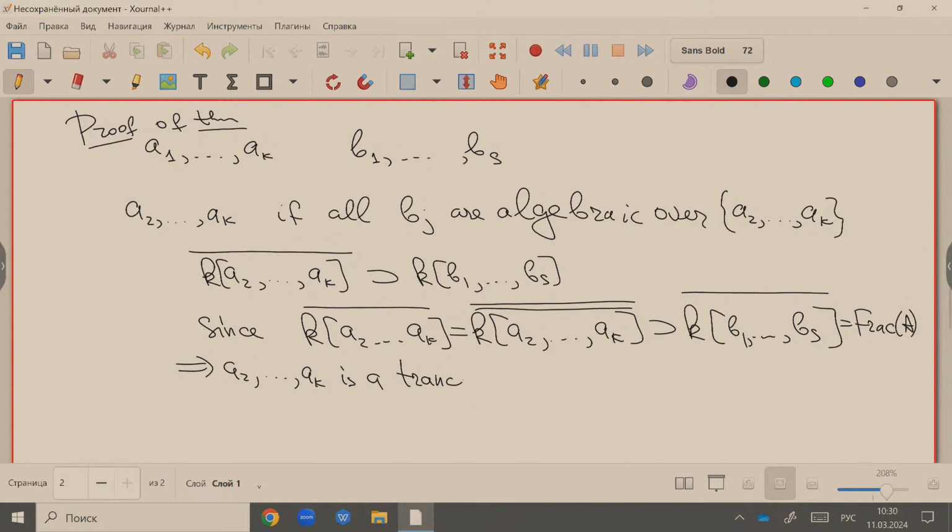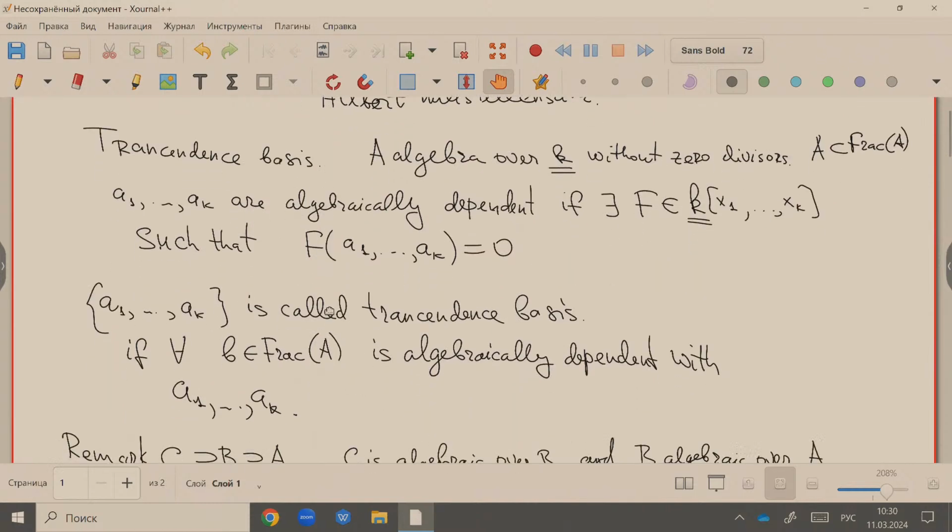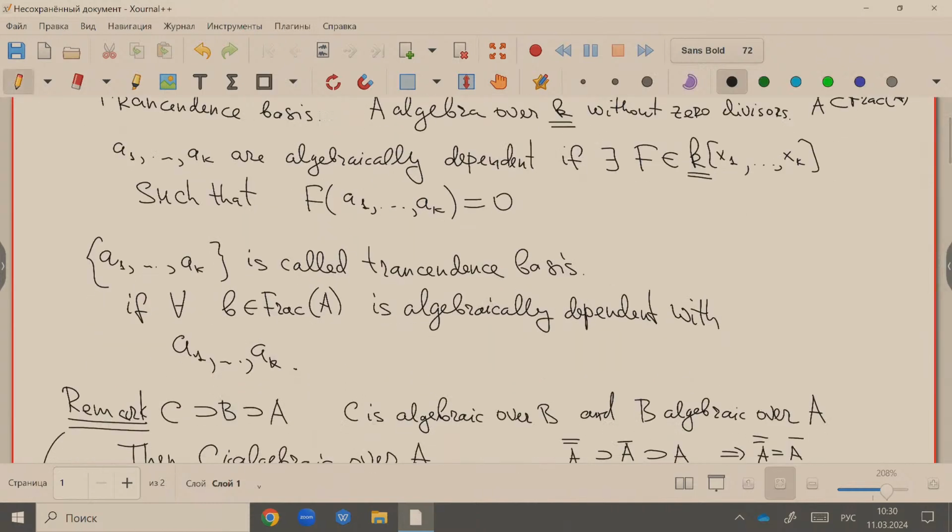So, if you have A1, A2, ..., AK, it is a transcendence basis, which is a contradiction. Because in a transcendence basis, I have forgotten to say that they should be algebraically independent.